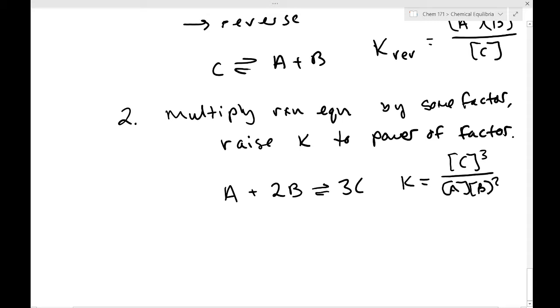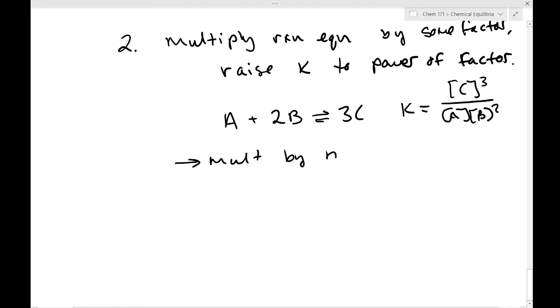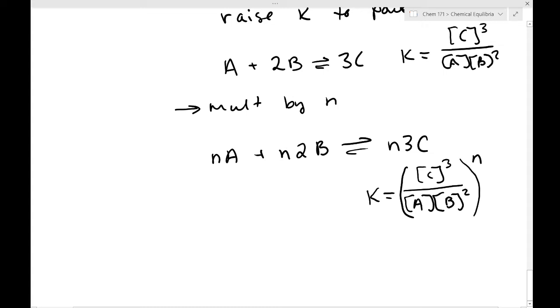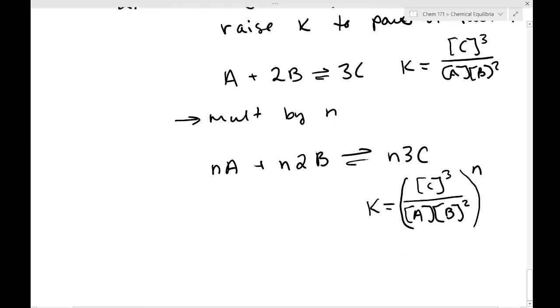Now, if I multiply through the whole equation by some factor n, doesn't matter what it is, then I have n moles of A plus n times 2 moles of B goes to n times 3 moles of C. We rewrite K in this case as the exact same K as before, C cubed divided by A times B squared, and then we take the whole thing and raise it to the power of the factor that's been multiplied through, in this case n. Straightforward, fair enough.